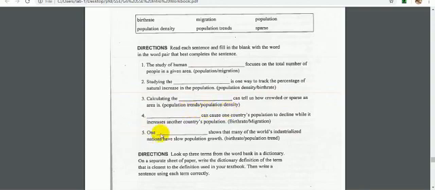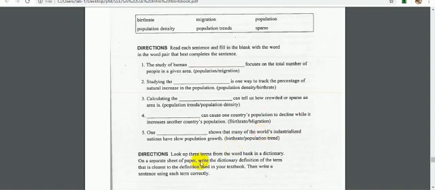Number 4, space can cause one country's population to decline while it increases another country's population. Of course, it is migration. I told you, when you move from a place to another place, the country's population will decline or will be less, but the contrary will happen.